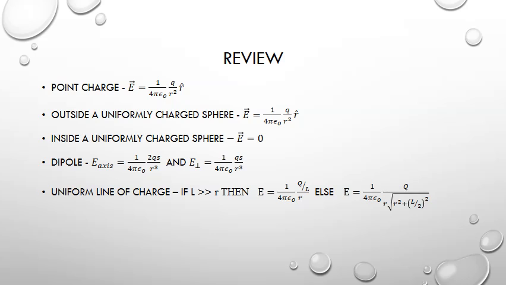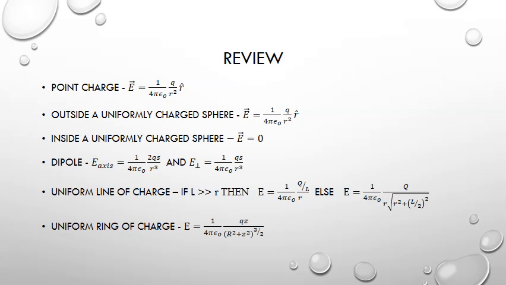We have talked about a uniform line of charge, and if L, which is the length of charge, is very long compared to the distance you're away from that charge, then we can approximate the electric field as 1 over 4 pi epsilon naught, Q divided by L divided by R. Else, if that approximation fails, then we have to use the other representation if L and R are equivalent distances.